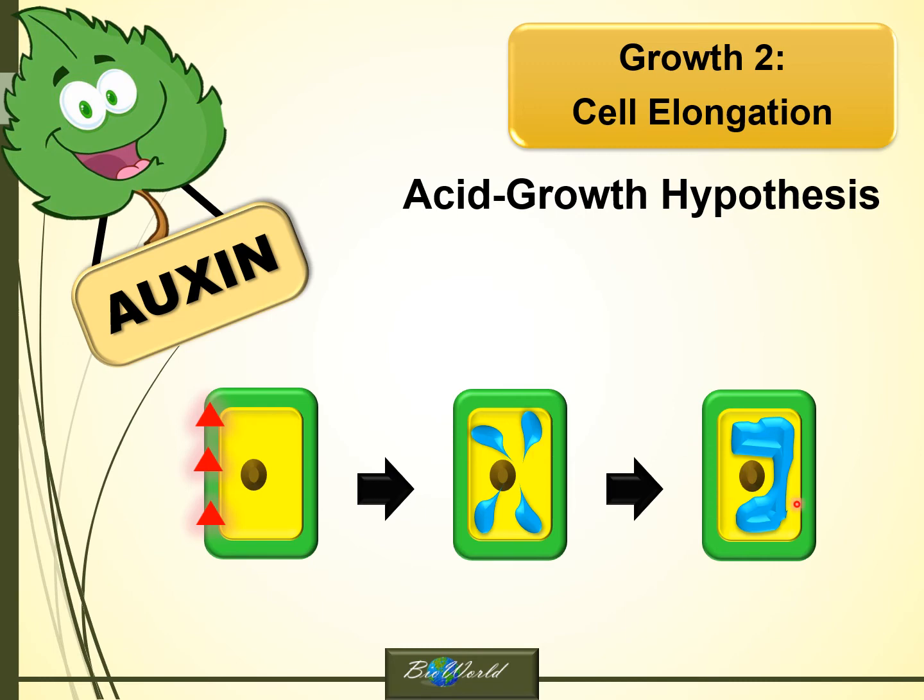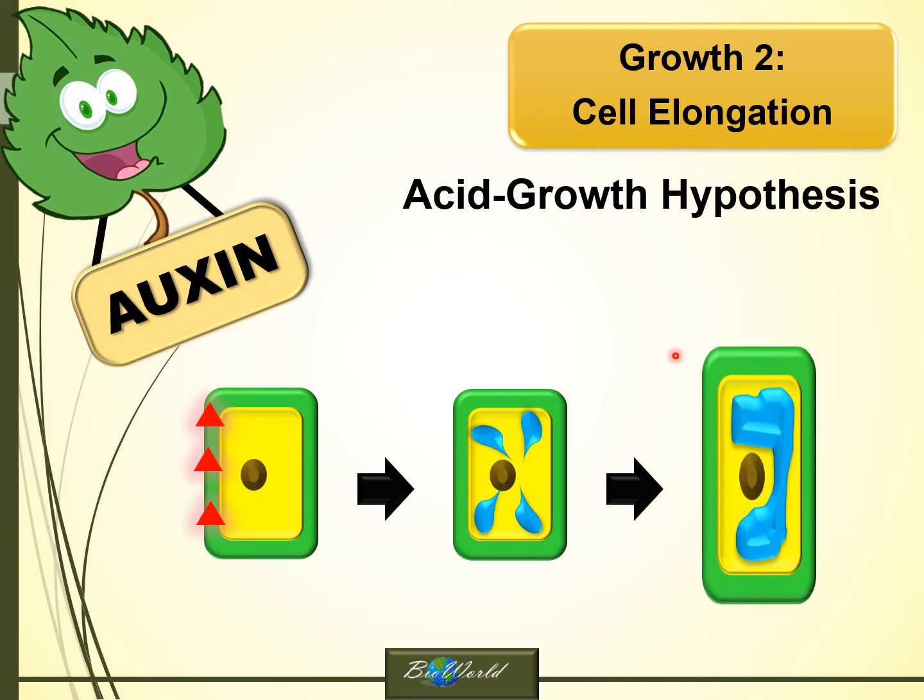So what will happen is the turgor pressure will actually make the cells elongate. This is the acid growth hypothesis. Now remember, you do not have to memorize the details of this hypothesis. It is enough if you understand what this hypothesis is to answer objective questions.